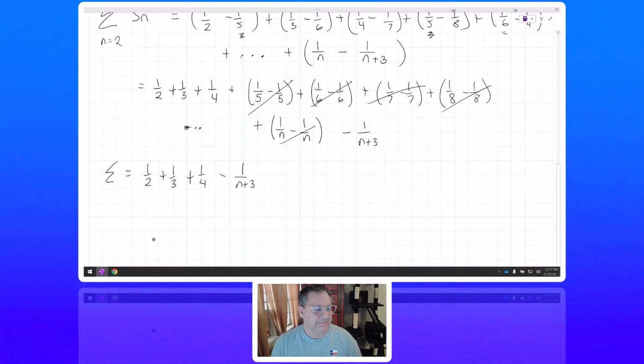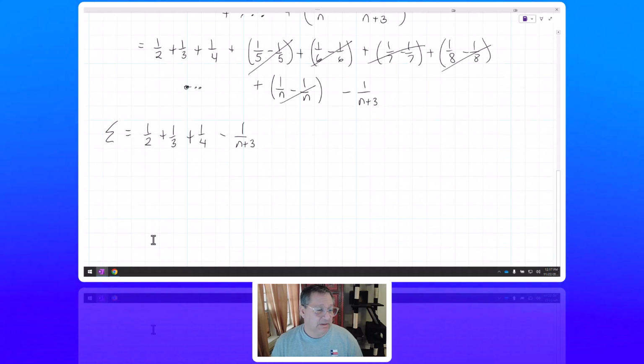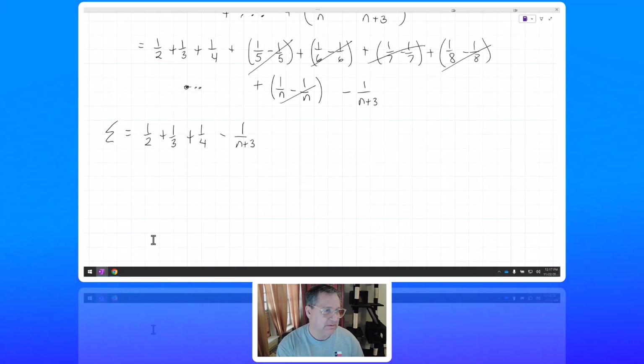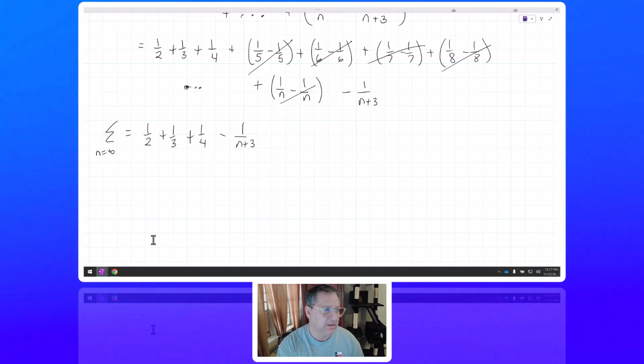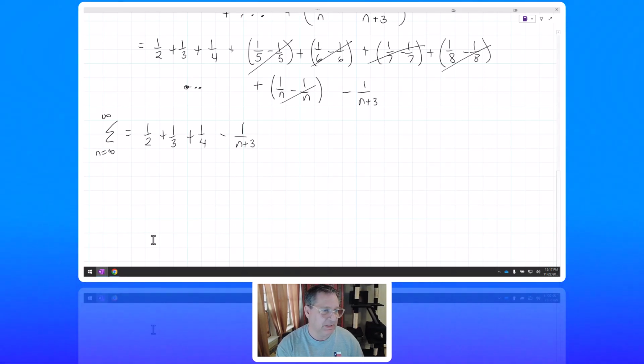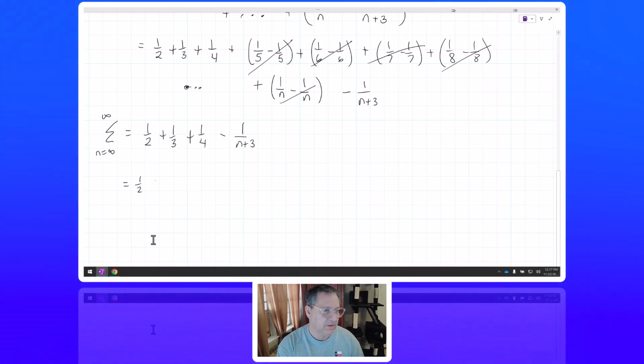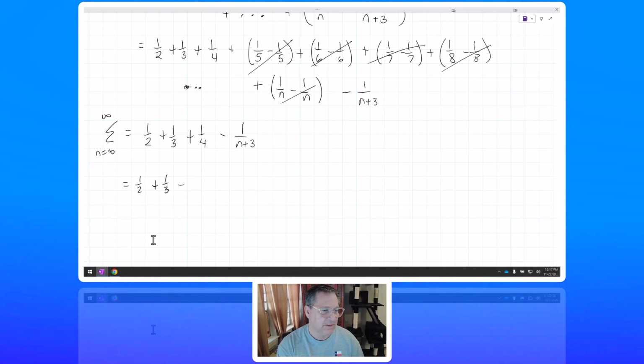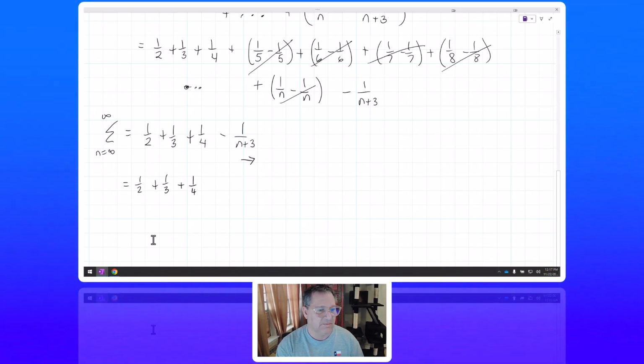So that's that. Now since this is going n equals 2 to infinity, all of these are going to be convergent. The first one is 1 over 2, the second is 1/3, the third is 1/4, and as n goes to infinity, this last one is going to go to 0.